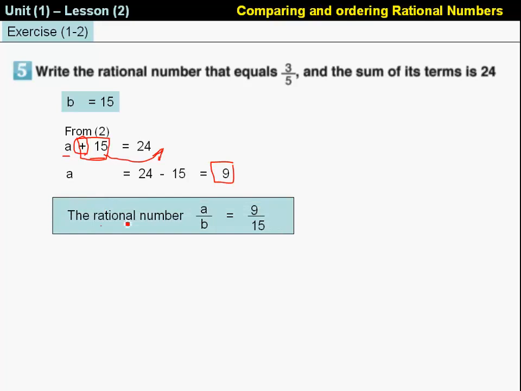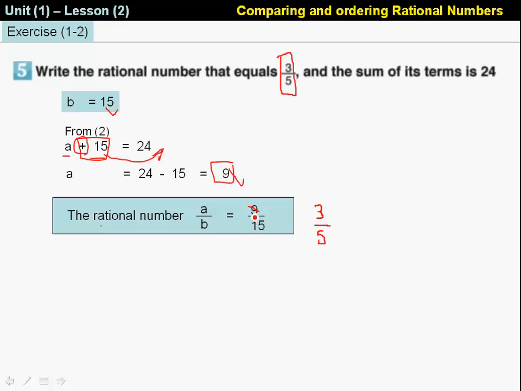So we have the rational number, which is a over b, is equal to a is 9, b is 15. So it is 9 over 15. If you divide by 3, this will be 3 over 5, which is this one.